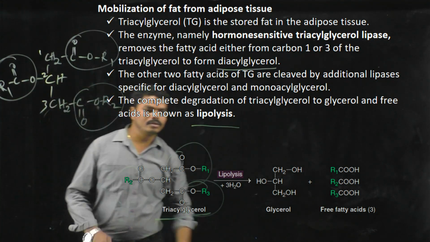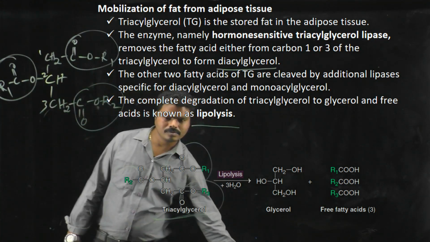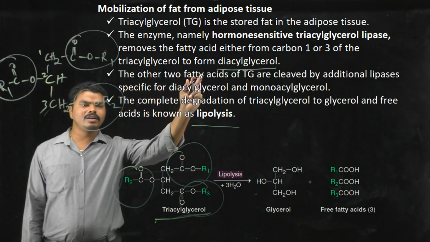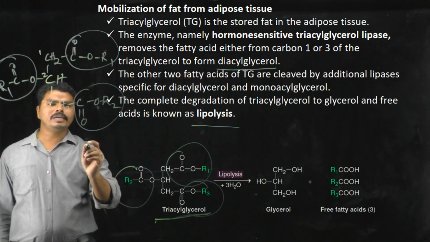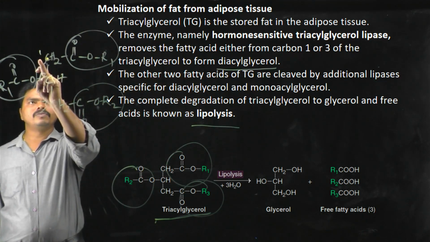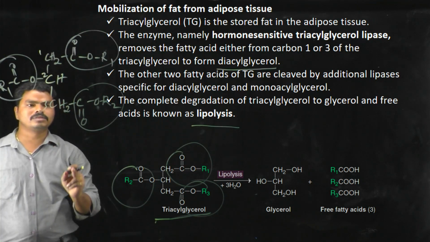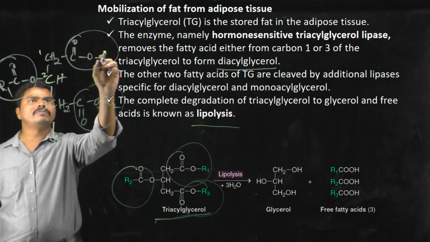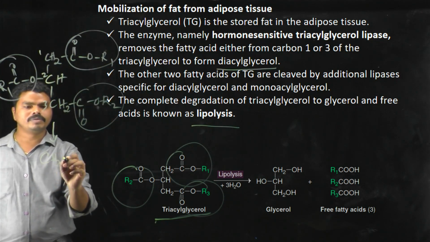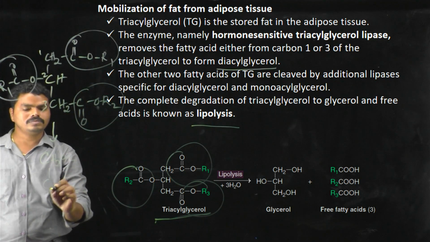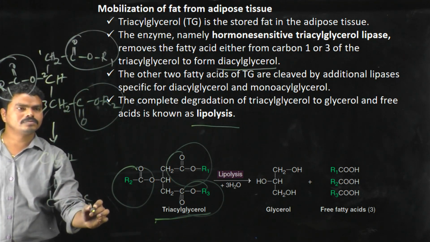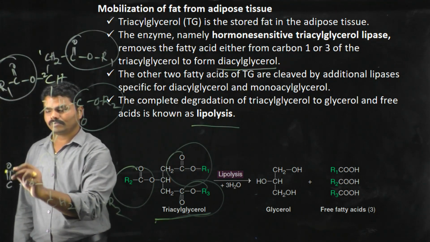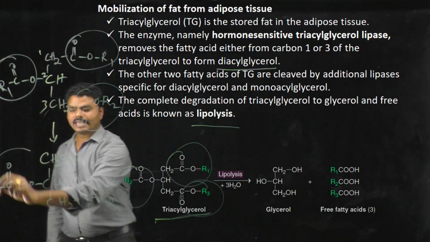The hormone sensitive triglycerol lipase will first remove the acyl group which is attached to either the first carbon or the third carbon. Thereby it will be converted to diacylglycerol. For example, if it removes the acyl group of the first carbon, it will be formed like this. So this is the diacylglycerol.